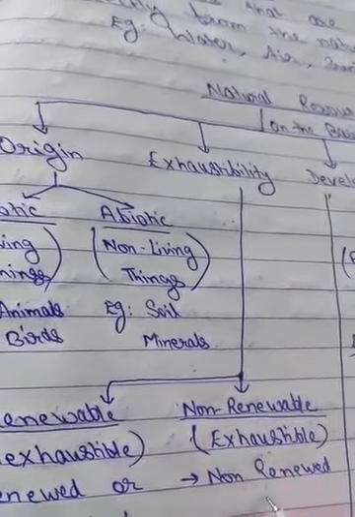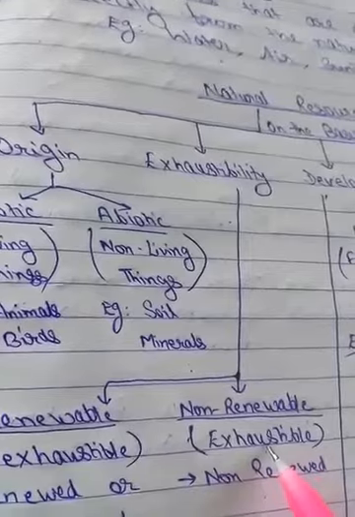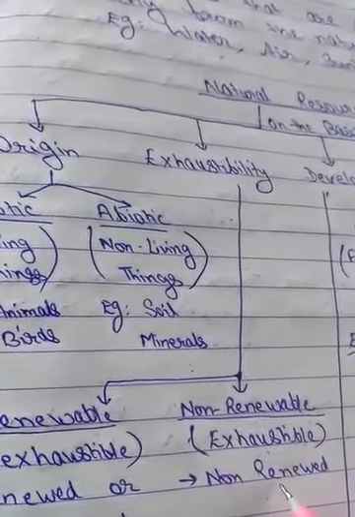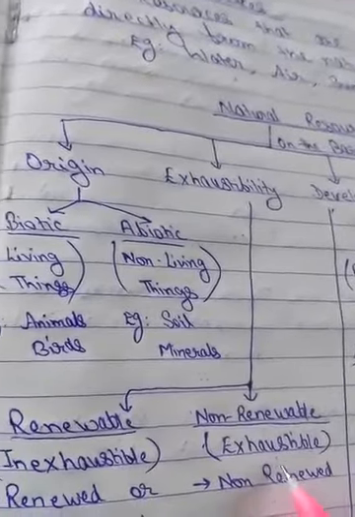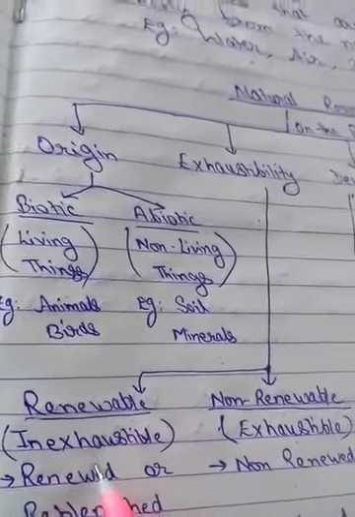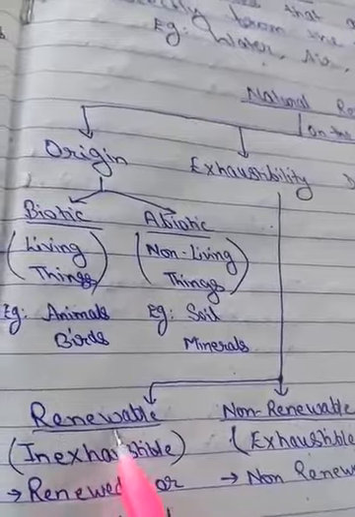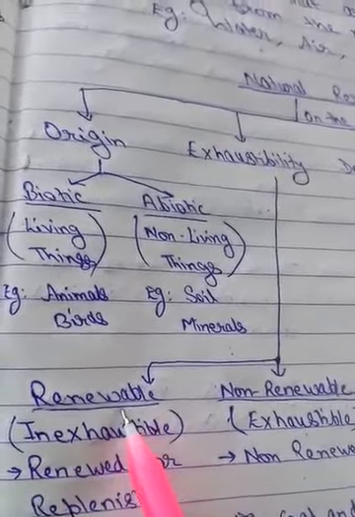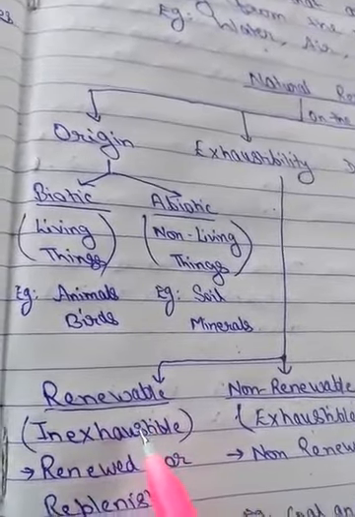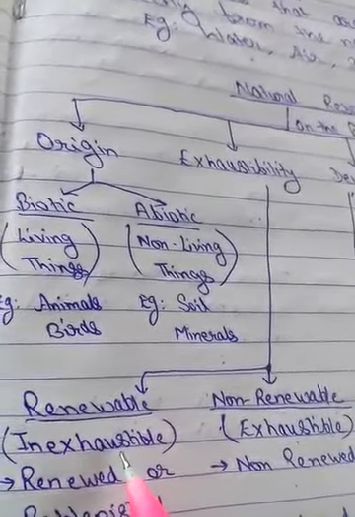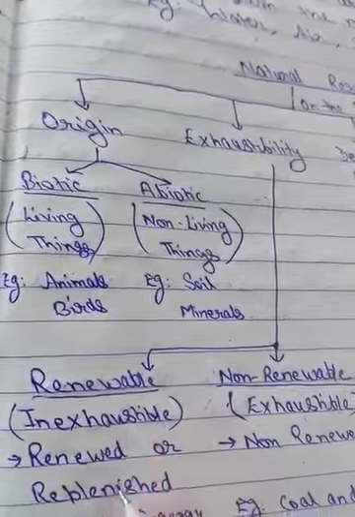For example, coal and petroleum: we can use them for a long period of time, but one day they can be exhausted. But sun, water, and air, in the case of renewable resources, cannot be exhausted. They go on for a longer and longer period.